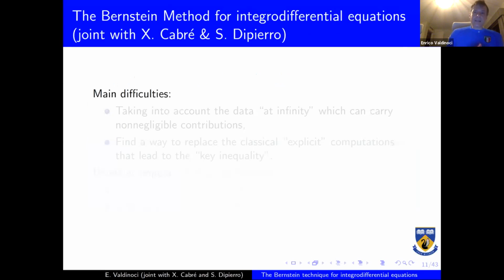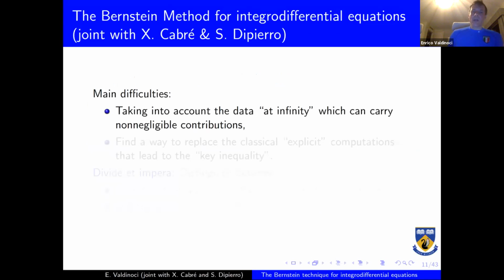Now, the goal of this talk is to discuss the extension of this Bernstein method for integrodifferential equations. And of course, there are two main difficulties. One is that for the nonlocal case, one has to take into account the data at infinity. So for instance, using the maximum principle will not be enough to control the data at the boundary because there is additional information coming from infinity.